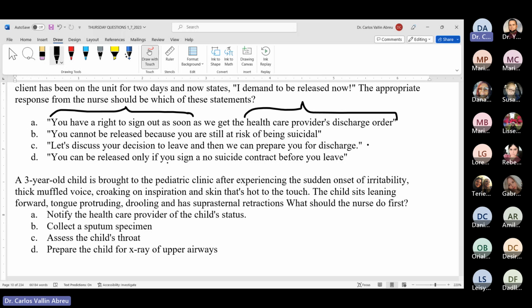You can be released only if you sign a non-suicide contract. Have you heard about this non-suicide contract? It is tested, okay? I don't know if you remember that from mental health. It is usual that psychiatric doctors ask clients that are suicidal to sign a formality, a non-harm contract.